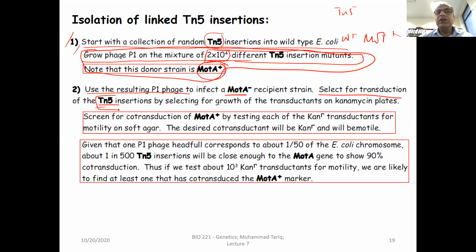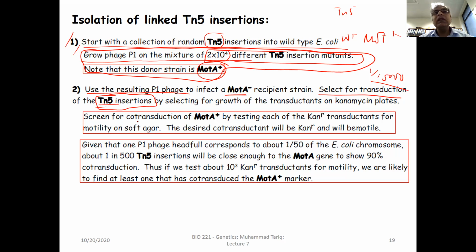That will be due to presence of TN5. You will get many TN5 positive, because let's say we got 1 in 15,000 here phages, and many you isolated, they will carry kanamycin resistance.